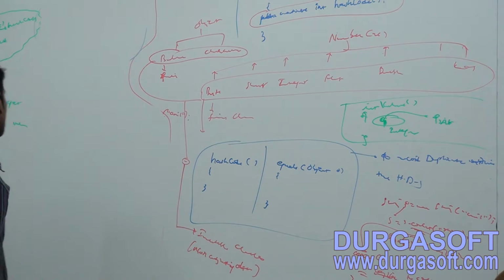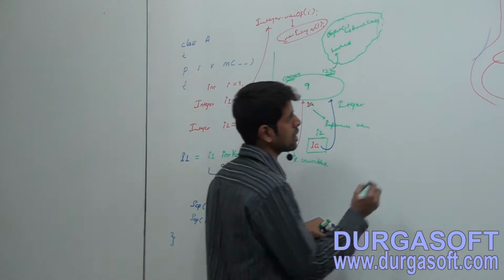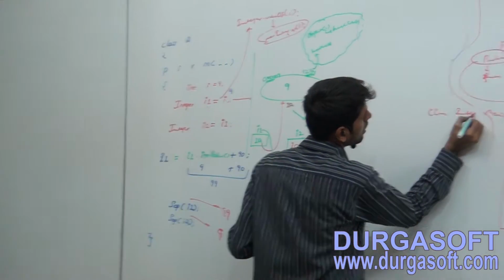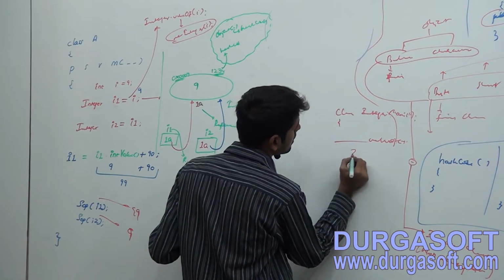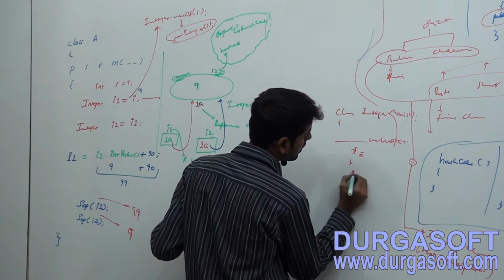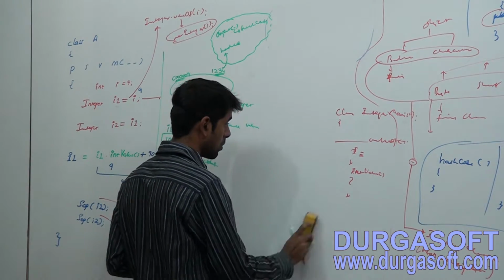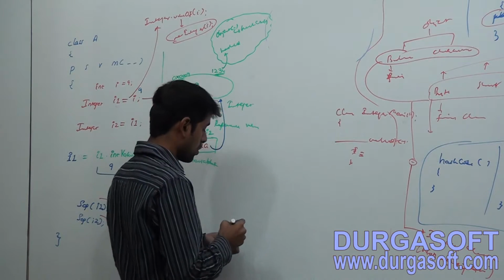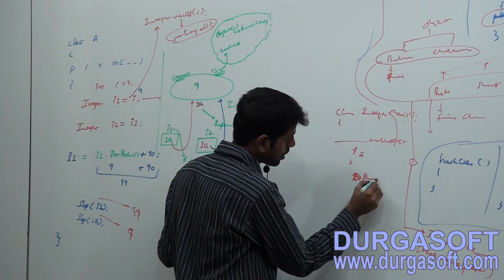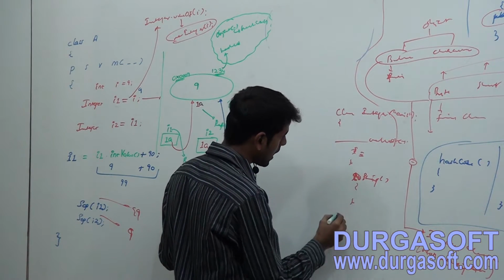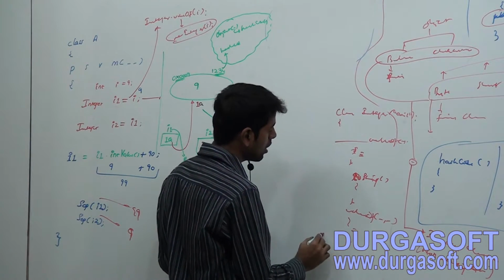Like that, even in the Integer class, all the methods, like valueOf, toString, and valueOf with two arguments, have logic to create a new object.